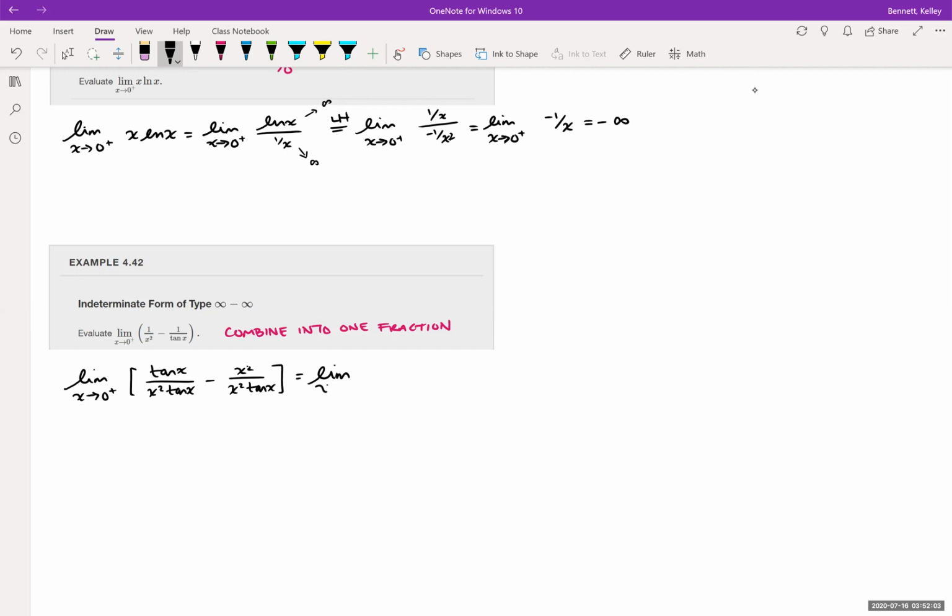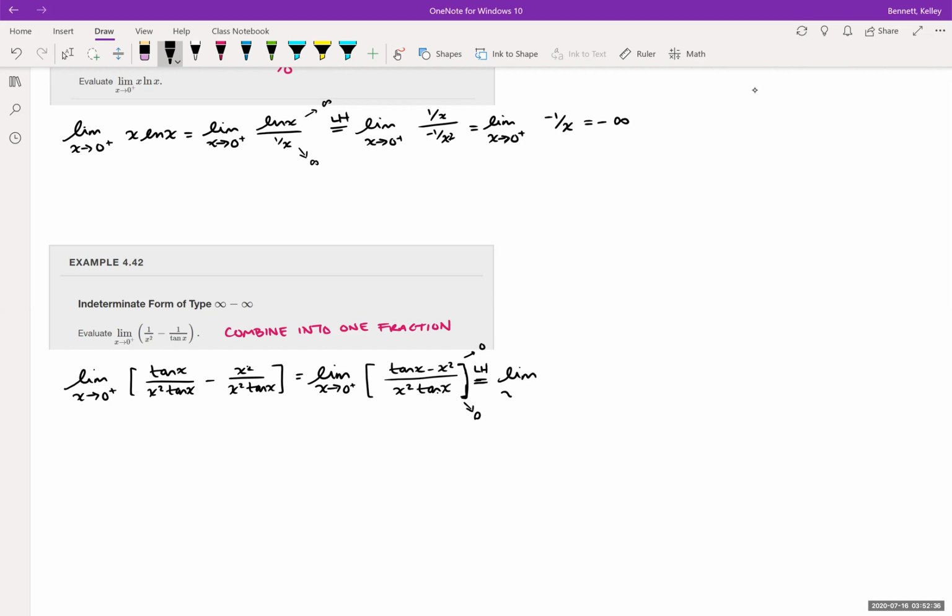So I'm going to just combine everything together, and now I'm ready to consider the behavior as x approaches 0 from above. So, okay, tan of 0 is 0. 0 squared is 0. So this becomes 0 over 0.